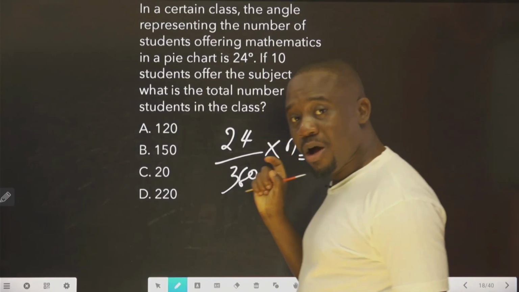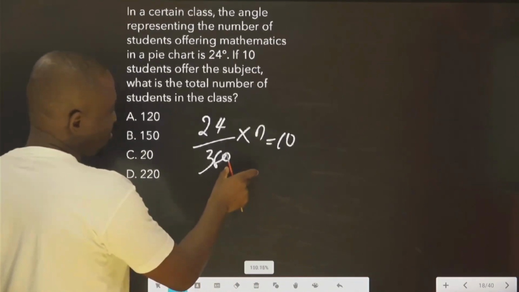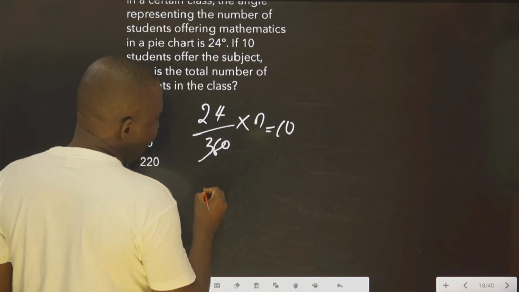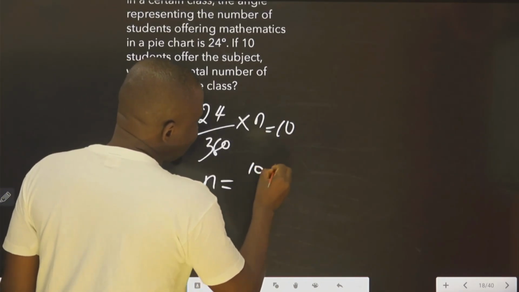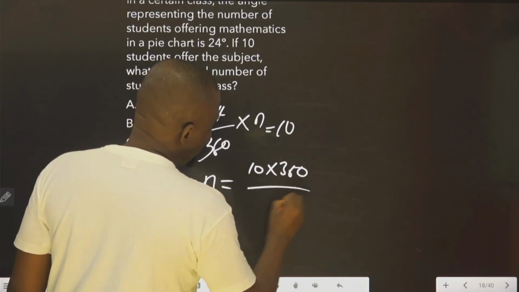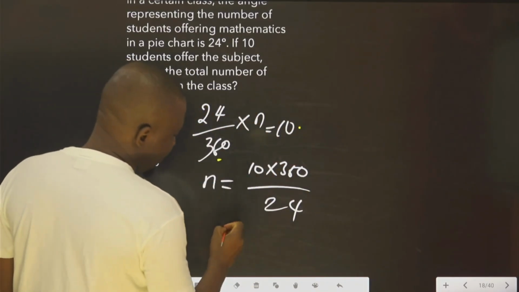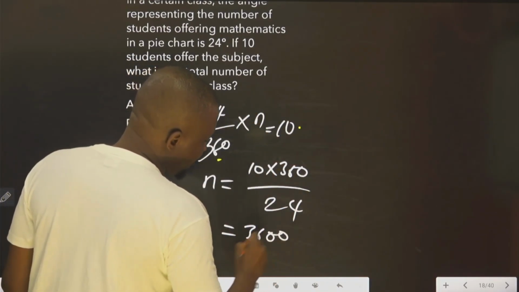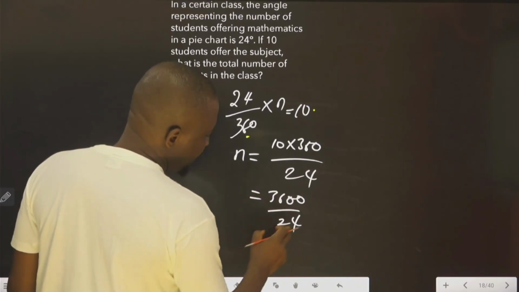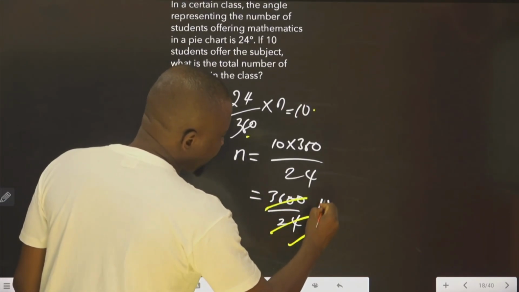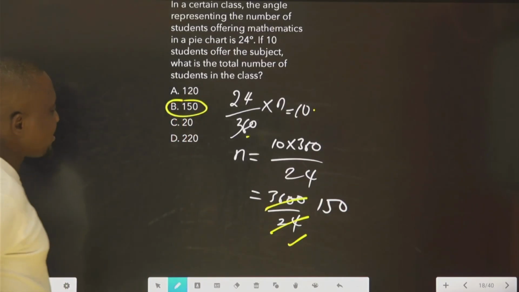So therefore, n is 10 times 360 over 24. That is 3600 over 24. If you divide this now, you're going to have 150. So B is the answer.